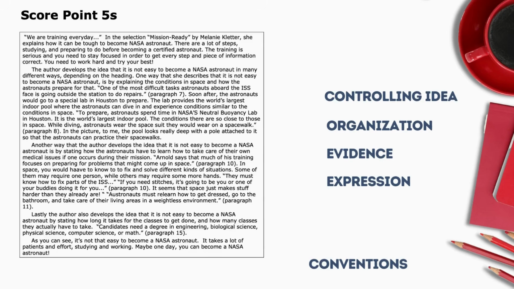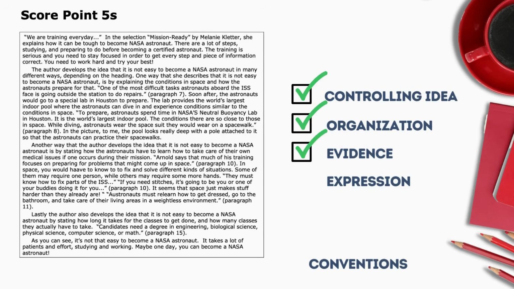So here's a great example of a thoroughly developed answer that scored 5 points. There's a strong controlling idea with every paragraph focusing on answering that question. There is an effective introduction and conclusion that are their own paragraphs. The organization is effectively supporting the controlling idea, and there are great transitions and focus throughout all the paragraphs.